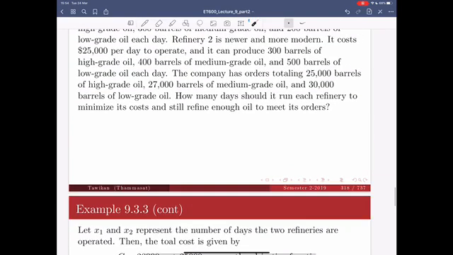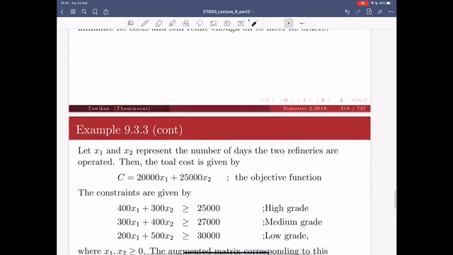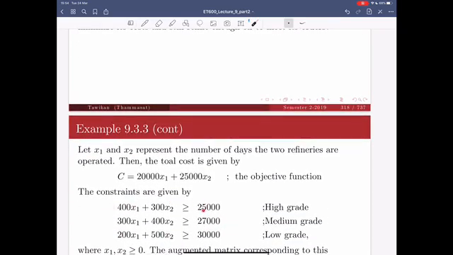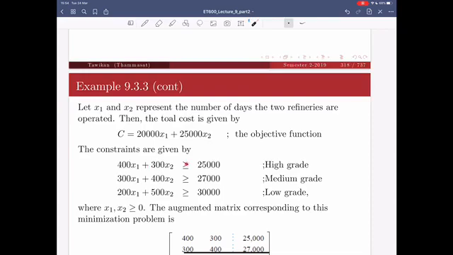Now, with the given information on the constraints, we can have those three inequalities. The first inequality is the constraint of the high-grade oil. The second inequality is the constraint of the medium-grade oil. And the third constraint is the constraint on the low-grade oil.